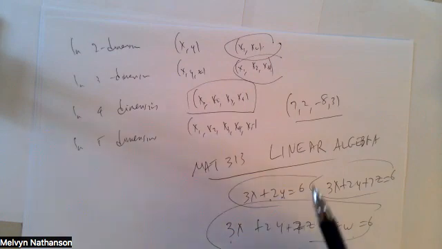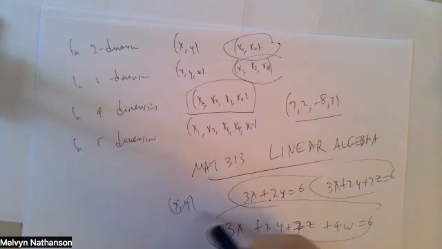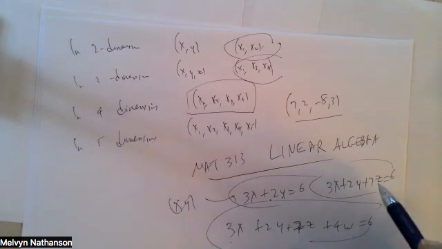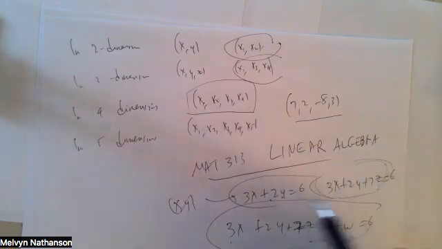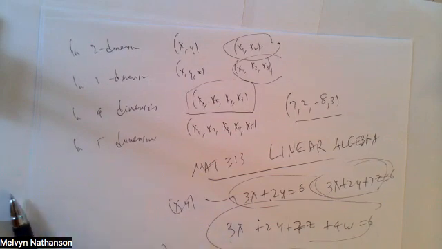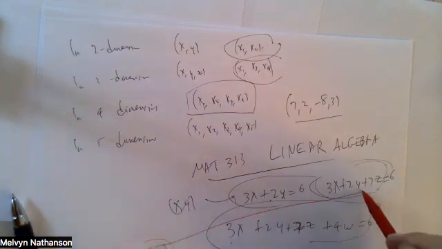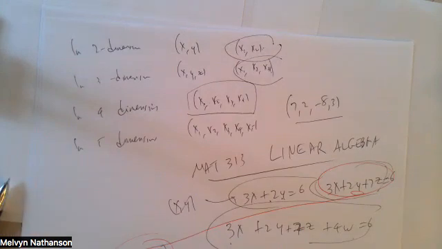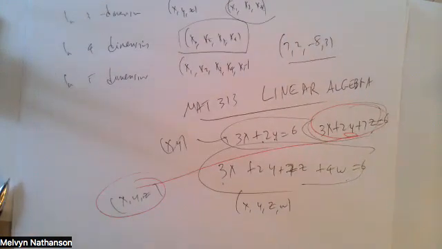Just like a solution of this, x, y, is a point in two-dimensional space, and a solution of this, x, y, z, is a point in three-dimensional space. So it's just like asking for solutions of linear equations in more than three variables.